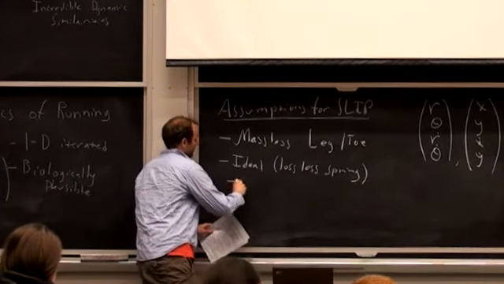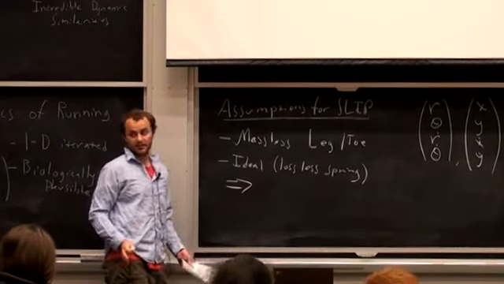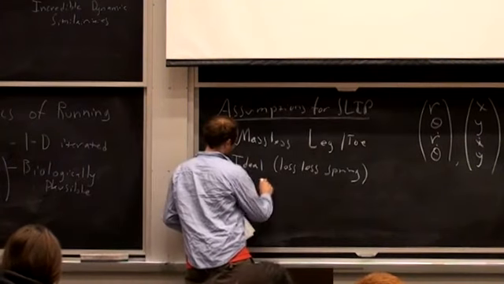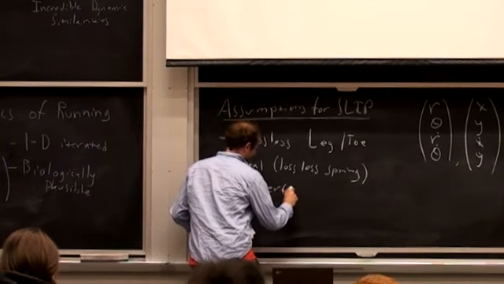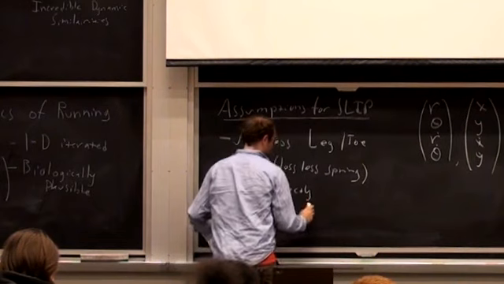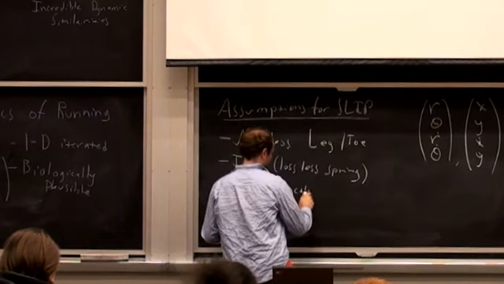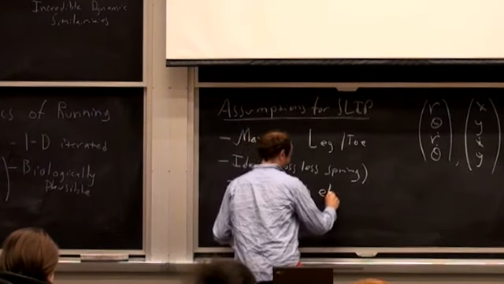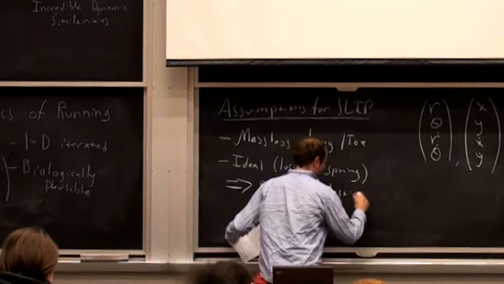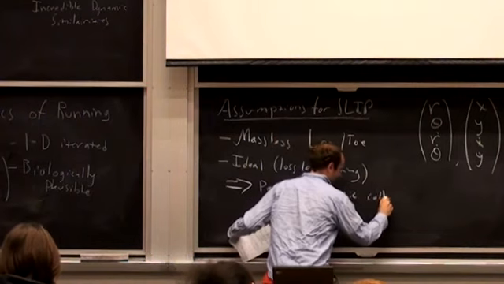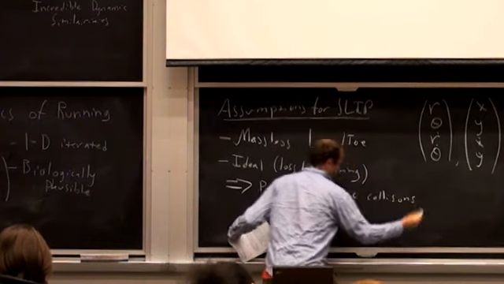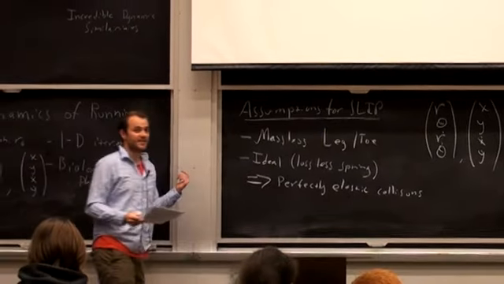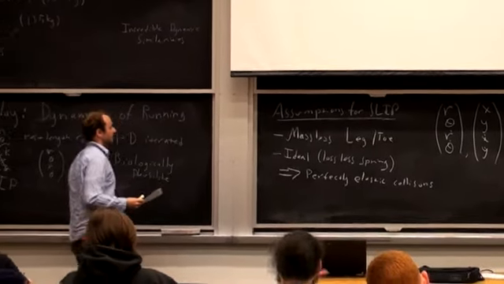And that means that effectively your collisions with the ground, unlike all the walking models, are perfectly elastic. Now you can see that that's not an extra assumption, that is derived from these.